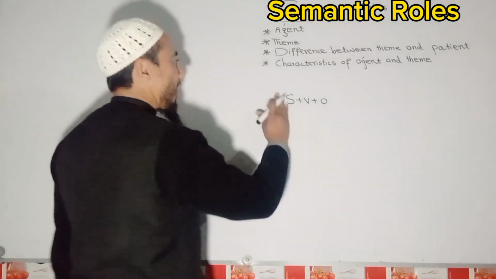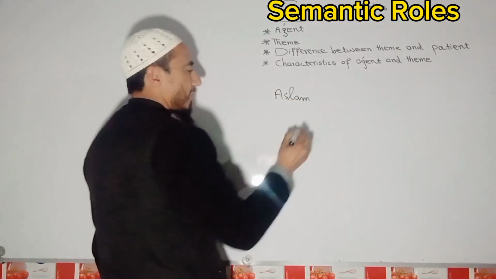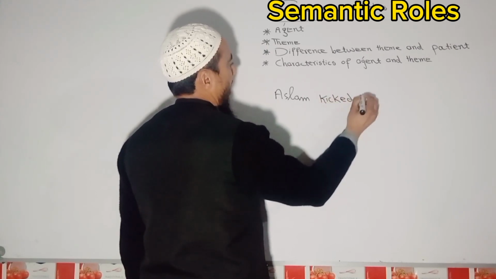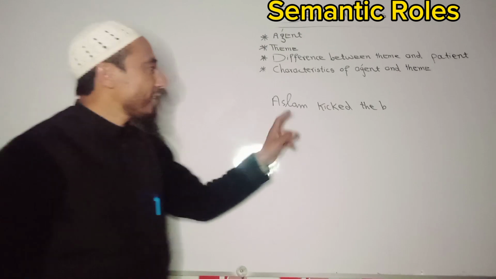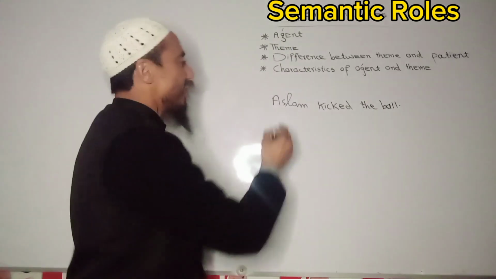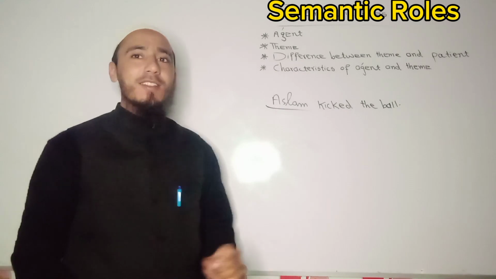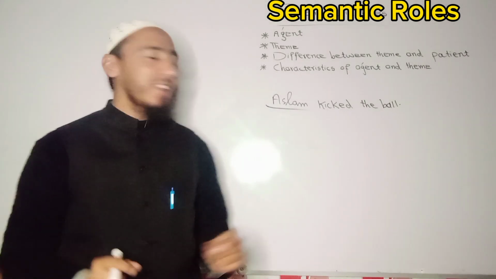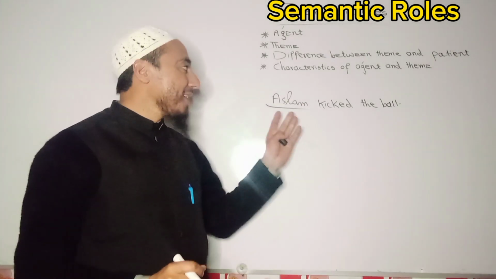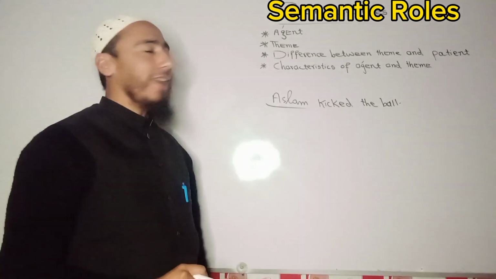For example, if I say Aslam kicked the ball. In this sentence, you see, Aslam is an agent. Why? Because Aslam is an entity that performs the action. Aslam is here the doer of the action. So Aslam is agent.